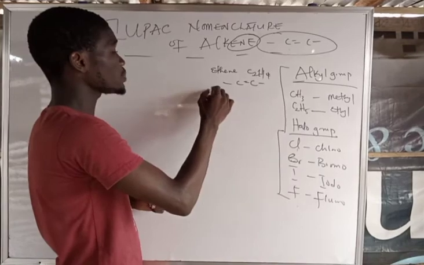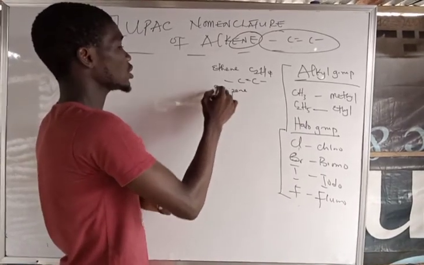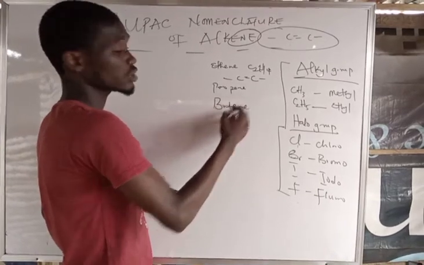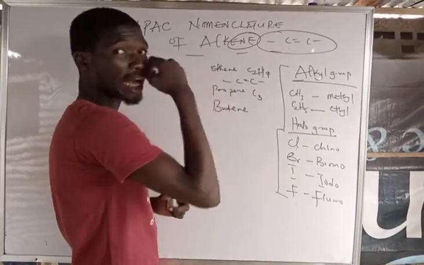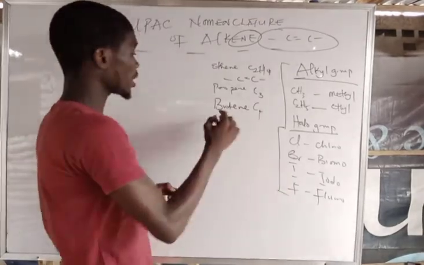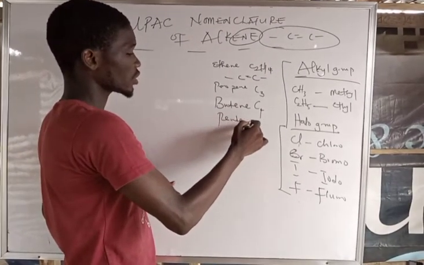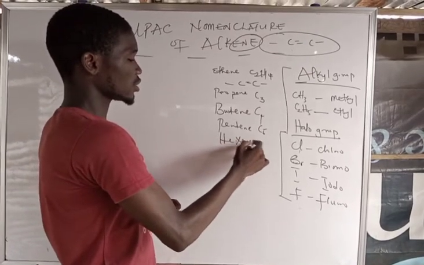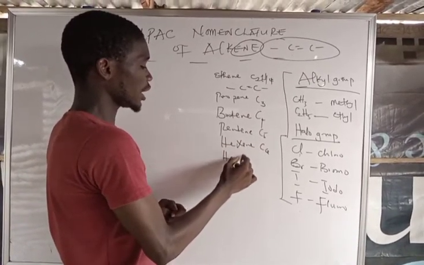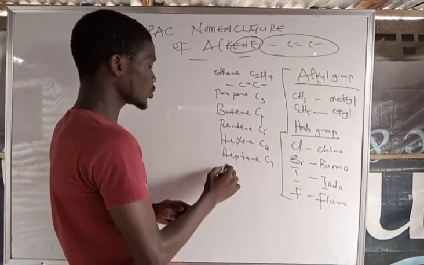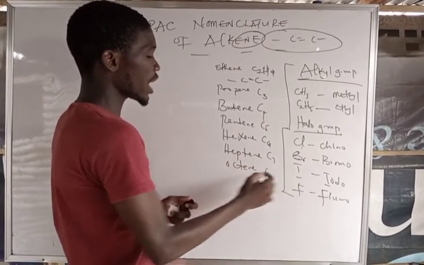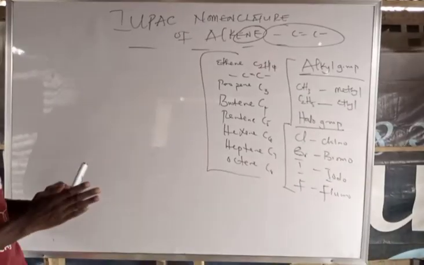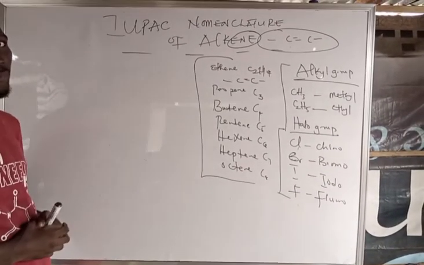The second one is propene, the third is butene; these are 3 carbon atoms, 4 carbon atoms. Pentene has 5 carbon atoms, hexene 6, heptene 7, and octene 8.